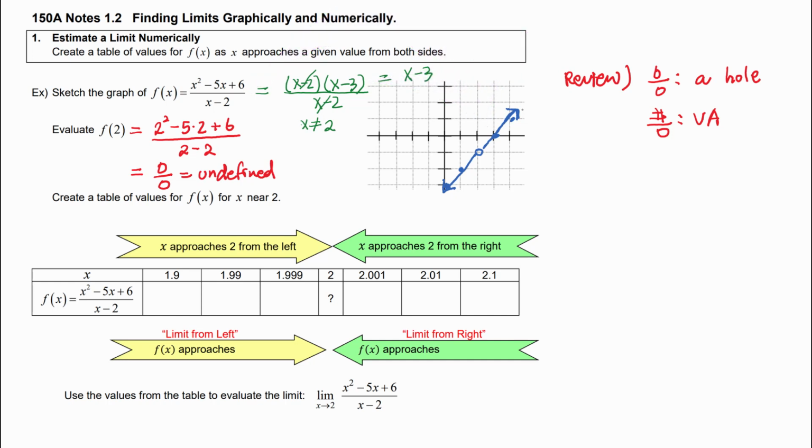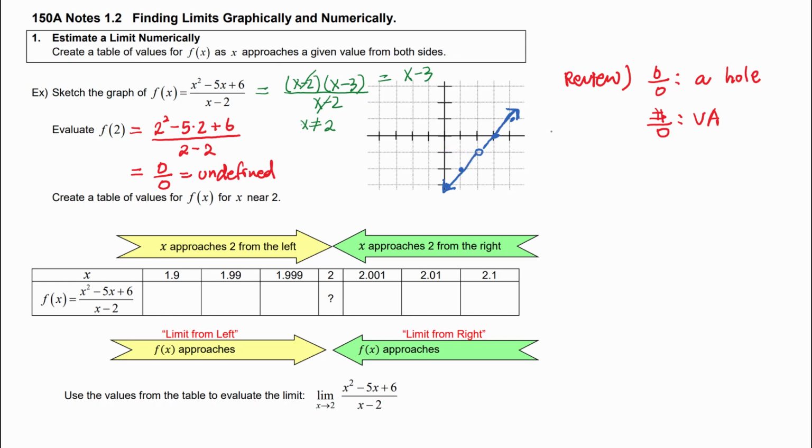Okay, so what is the limit of this rational function as x approaches 2? Graphically speaking, as x approaches 2 from the left, your function is trying to reach this point, and that y value is negative 1.